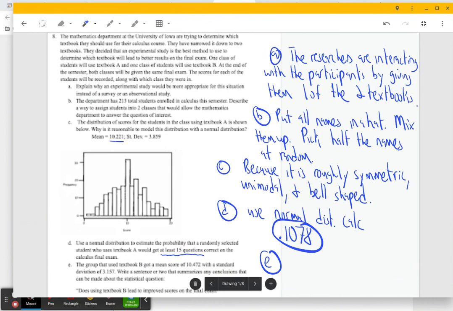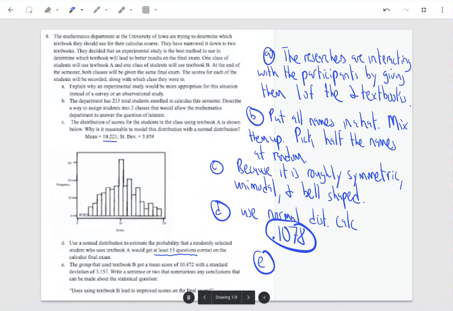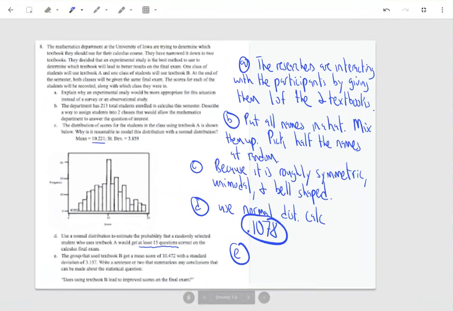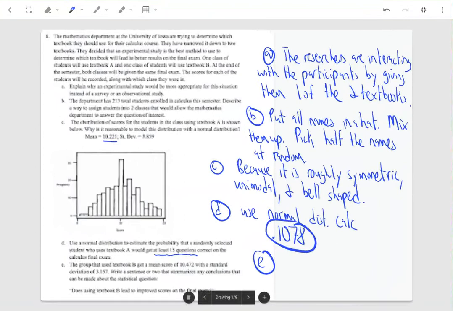Okay. E. Last one. The group that used textbook B got a mean score of 10.472 with a standard deviation of 3.157. Write a sentence or two that summarizes any conclusions that can be made about the statistical question, does using textbook B lead to improved scores on the final exam?